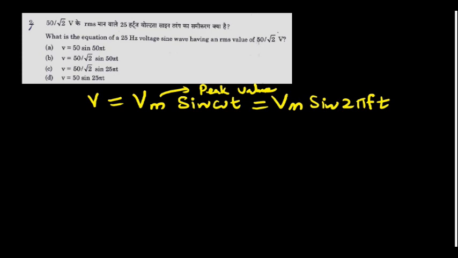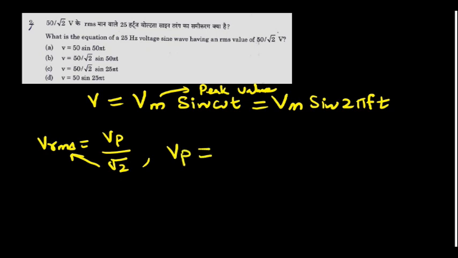How do you find the RMS value? V RMS equal to V peak upon root 2. So to get the peak value, you have to multiply by root 2. So V peak equal to V RMS multiplied by root 2.